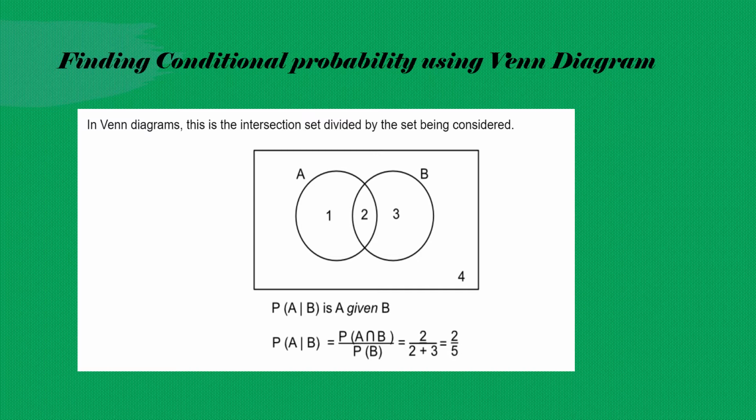B will be outcomes 2 and 3. A intersection B is 2. So probability of A given B will be P of A intersection B by P of B. In other words, it is 2 divided by the total outcomes of B, which are just 2 and 3, 2 plus 3. So it will be 2 by 5.